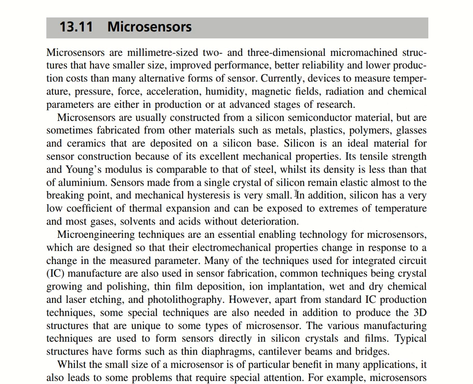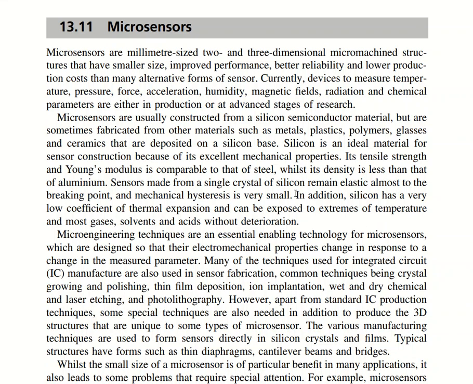So silicon is an ideal material for sensor construction because it holds excellent mechanical properties. Its tensile strength and Young's modulus are comparable to steel, whilst its density is less than aluminum. So sensors made from a single crystal of silicon remain elastic almost to the breaking point, and mechanical hysteresis is very small.